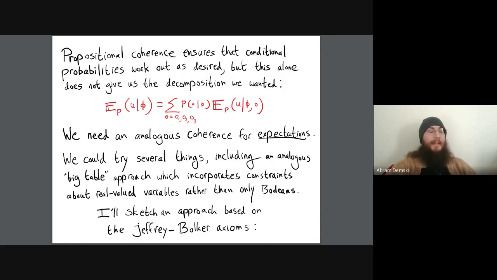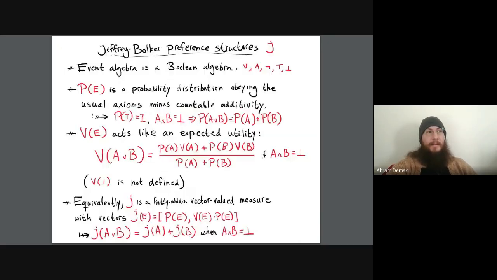So, yeah, I'm going to sketch an approach based on the Jeffrey-Bolker axioms. Jeffrey-Bolker preference structures, to give a little bit of background: first we had the VNM axioms, which are still the axioms of rationality that everybody thinks of, but are not that great, in the sense that the VNM axioms just assume that probabilities are given.